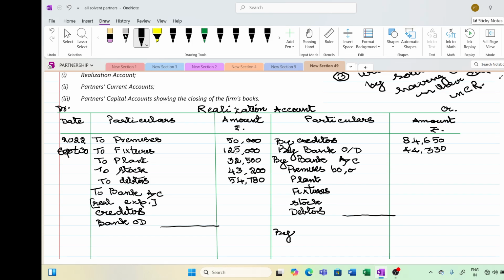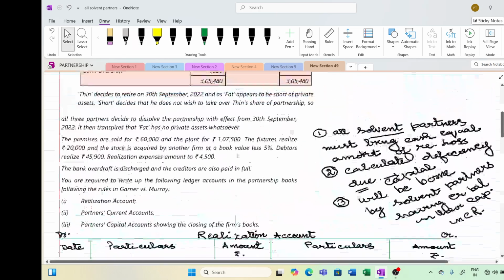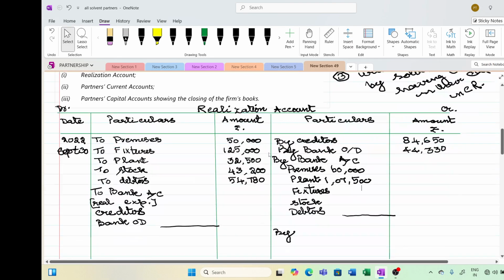Plant realized 1,07,500. Now the next item they have given: fixtures 20,000, stock less 5%.